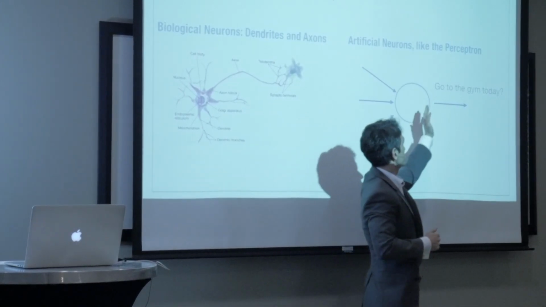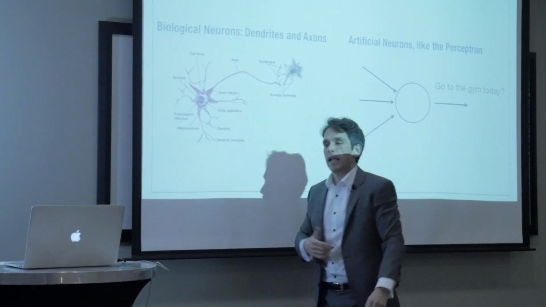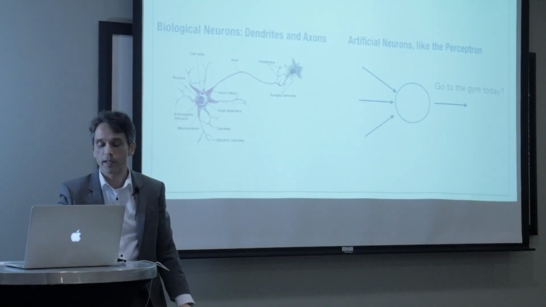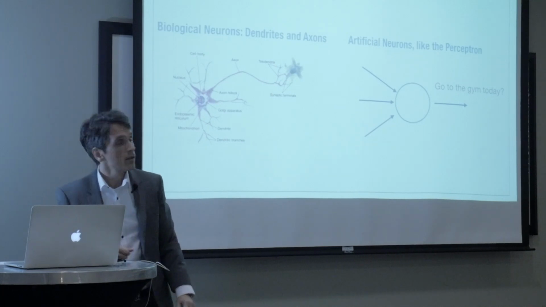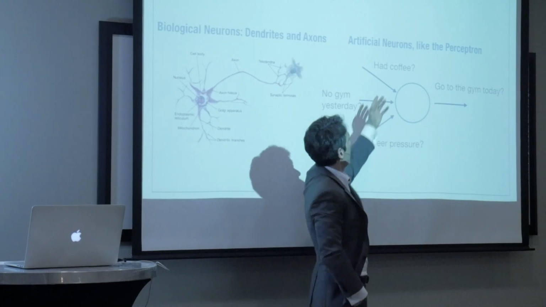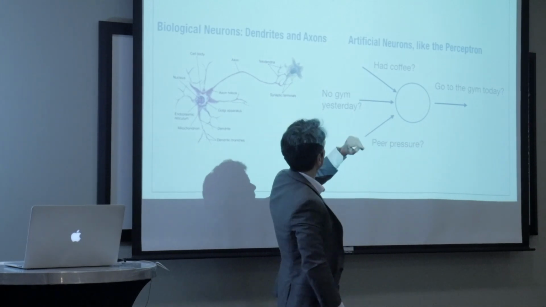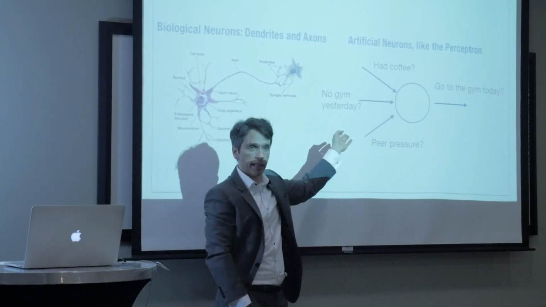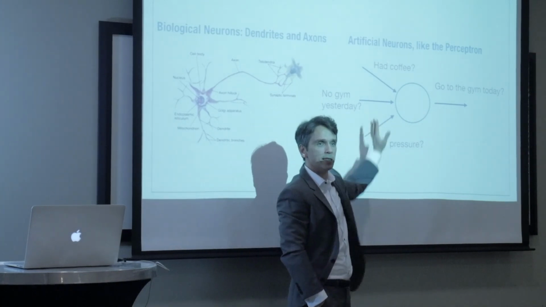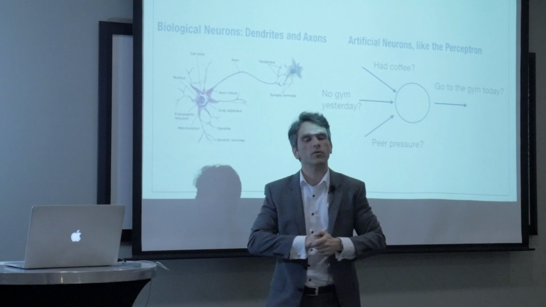So the output is go to the gym, yes or no. And there are some factors that drive this decision. Maybe the three factors are: have I had coffee, or enough coffee? Was I in the gym yesterday, yes or no? Do I have peer pressure? So these three are the inputs to the decision: do I go to the gym today?